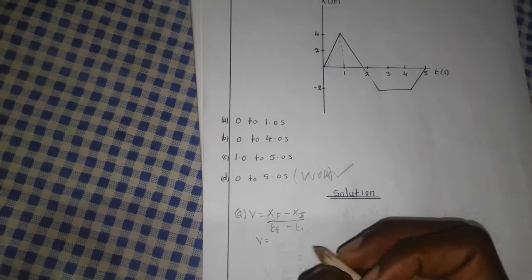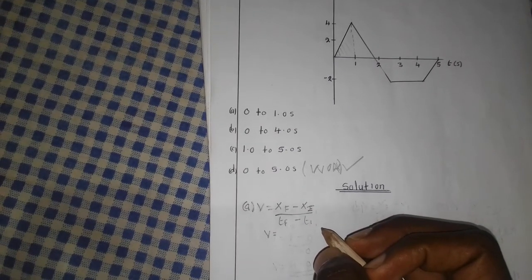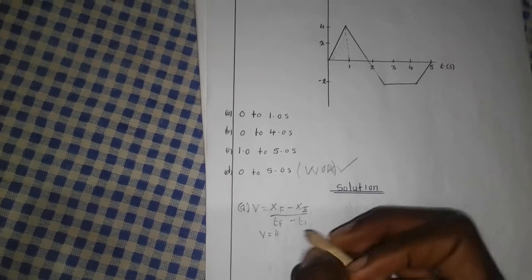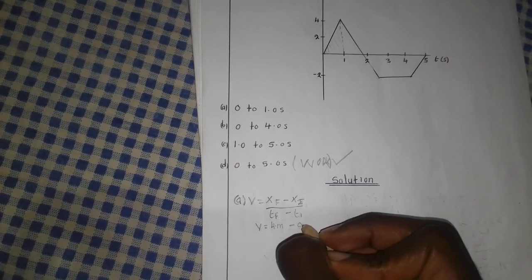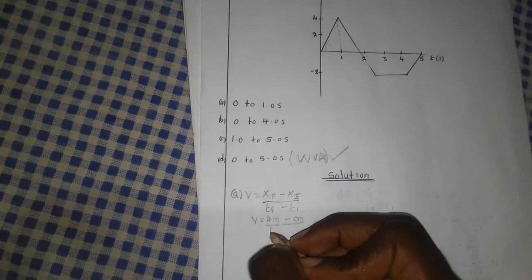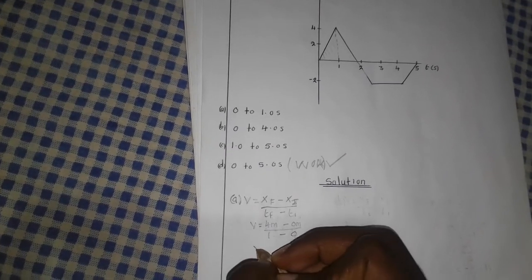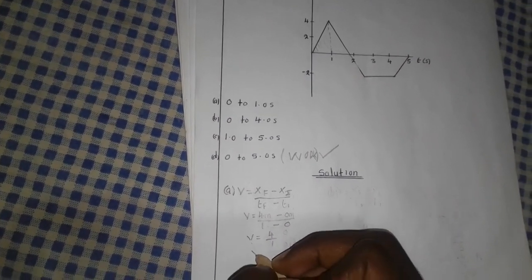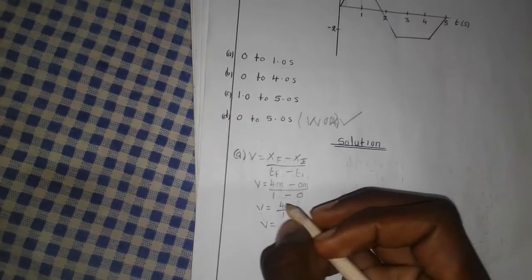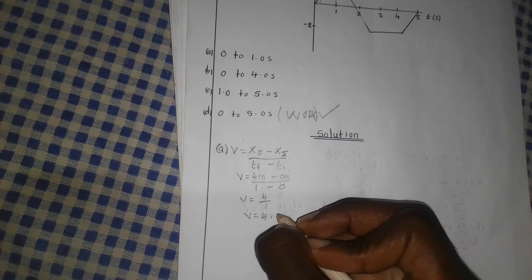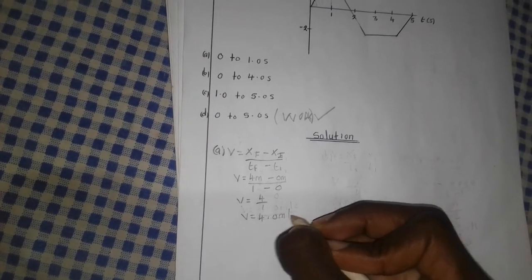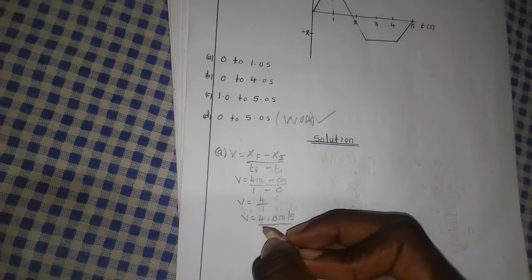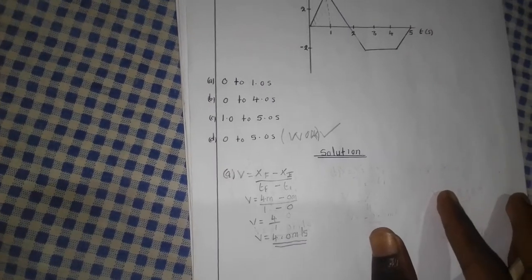Therefore, V is going to equal the final displacement, 4 meters minus 0 meters, over the final time, 1 minus 0. Therefore, our average speed is going to be 4 over 1, which gives 4.0 meters per second for the first question.